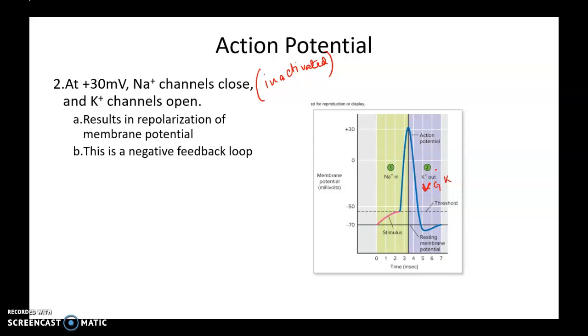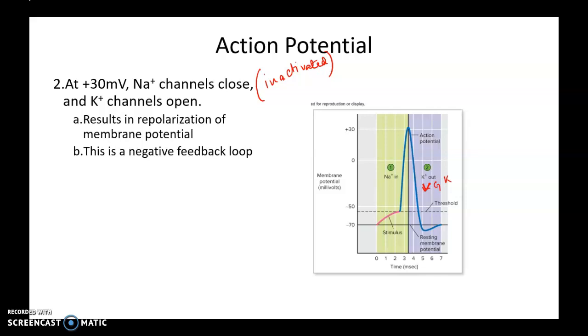And as these channels open, potassium rushes out. As potassium rushes out, we are losing positive charge, and that is responsible for repolarization of the membrane.